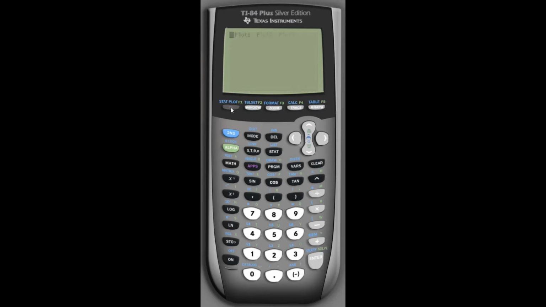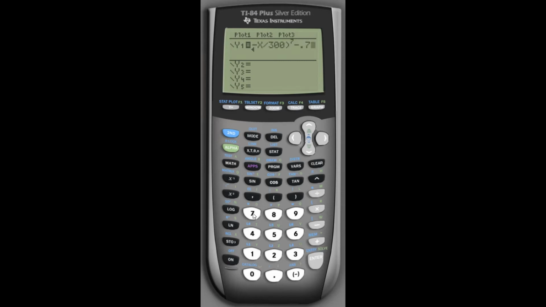We go to y and enter this function: 44 times, open parentheses, x divided by 100, close parentheses, to the third power, times, open parentheses, 1 minus x divided by 300, close parentheses, to the 7th power, minus 0.7.